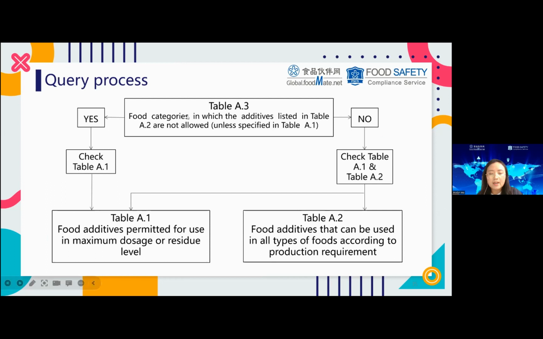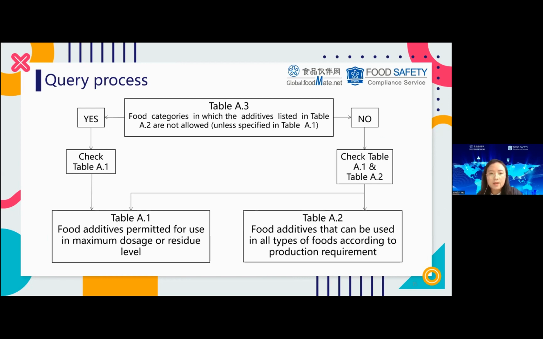If it is, then go to check the table A1 directly, because no matter whether the food additive is in table A2 or not, the only one that can define whether the food additive can be used in the food category or not is the table A1. On the other hand, if the food category is not listed in the table A3, you'd better check the table A1 and A2 both to see whether it is in both tables.